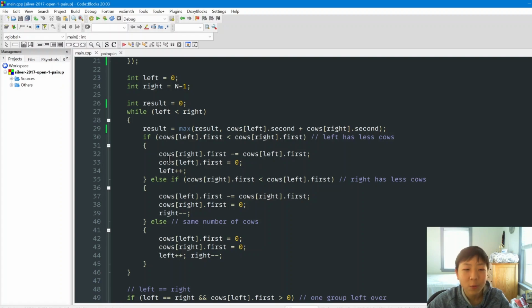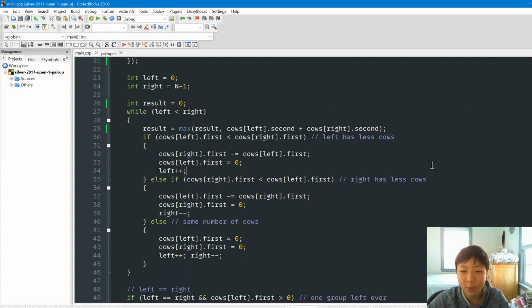So we're going to say cows right dot first minus cows left dot first, because we're pairing every one of cows left's cows. Then we're going to set cows left dot first to 0, because it has paired all of its cows, and we're going to increment the pointer of left.